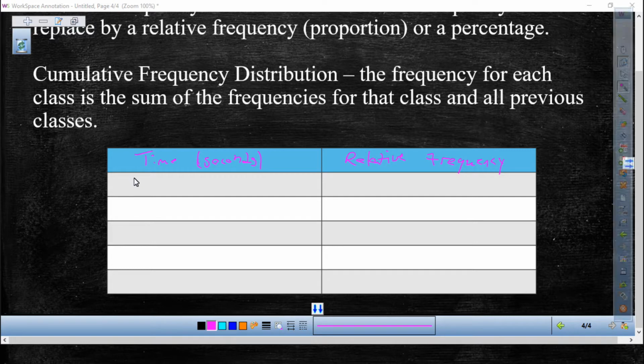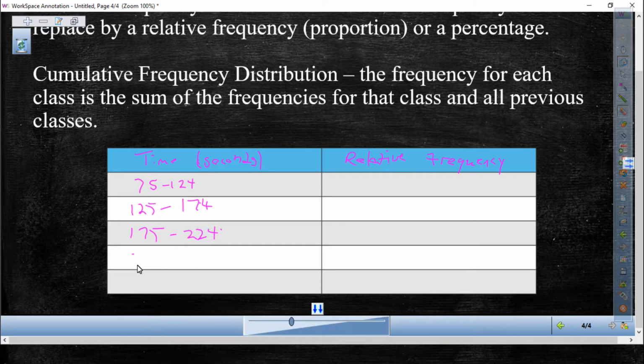We've got 75 to 124, 125 to 174, 175 through 224, and then 225 through 274, and then 275 through 324.